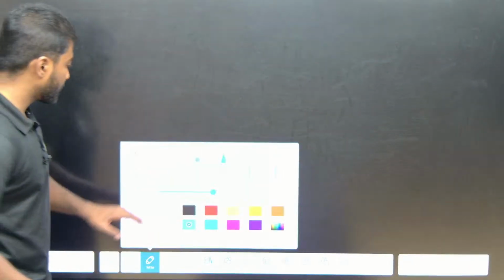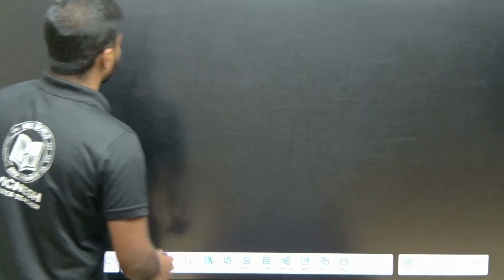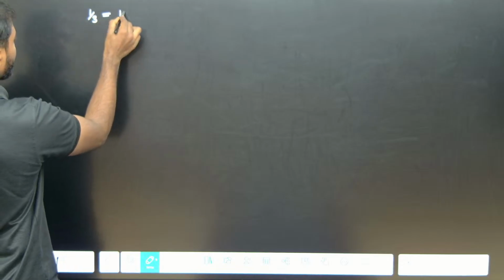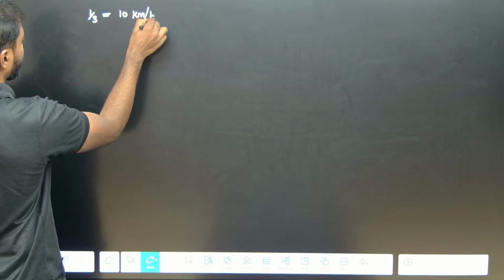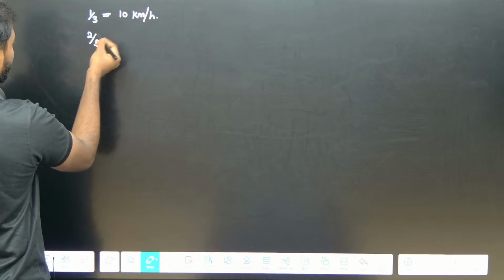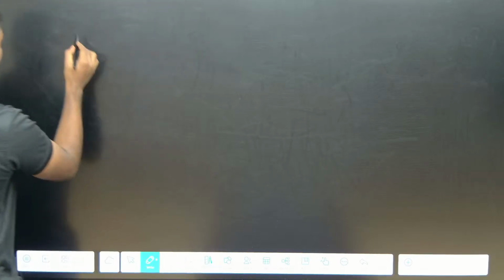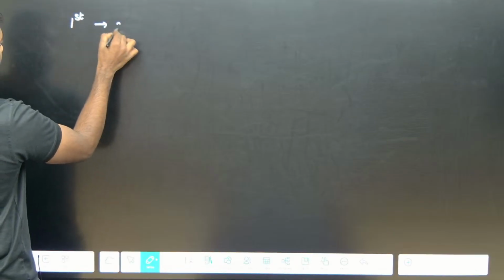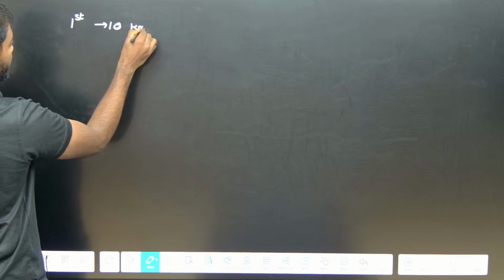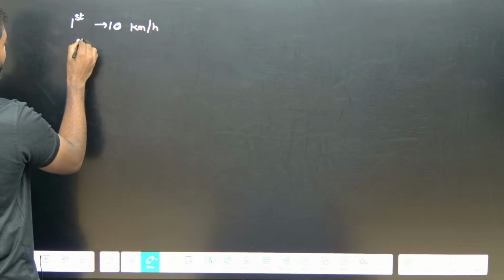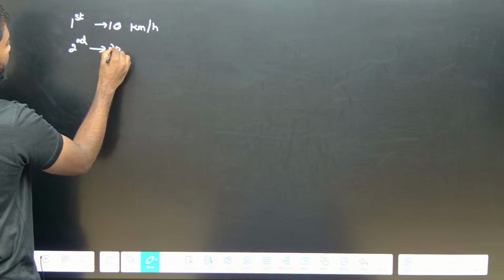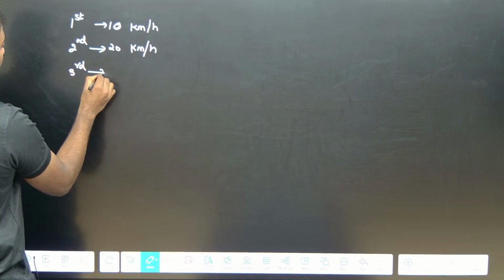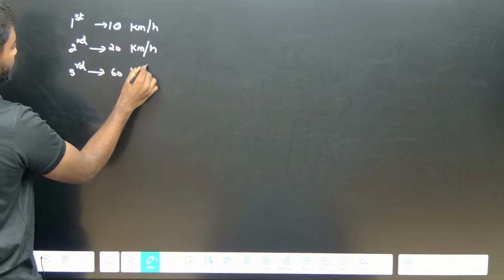Given that the first third has been given as 10 kilometer per hour, the second third they have given us 20 kilometer per hour, and the third they have given us 60 kilometer per hour.